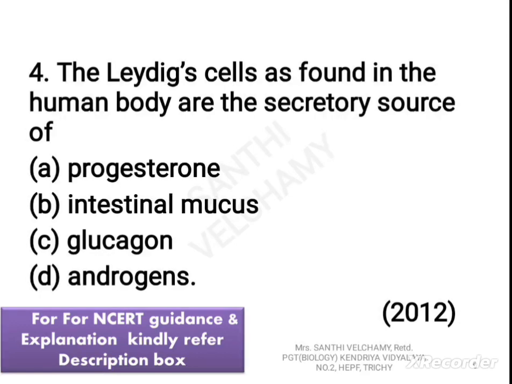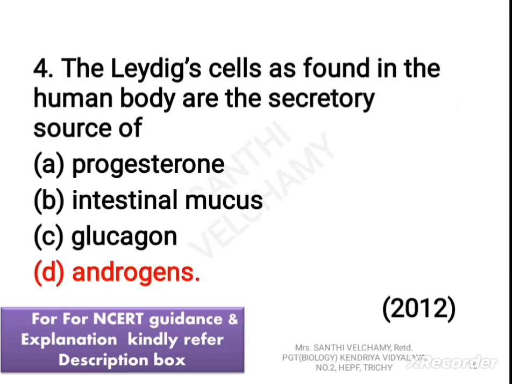The Leydig cells as found in the human body are the secretory source of A. Progesterone, B. Intestinal mucus, C. Glucagon, D. Androgens. The correct answer is D. Androgens.